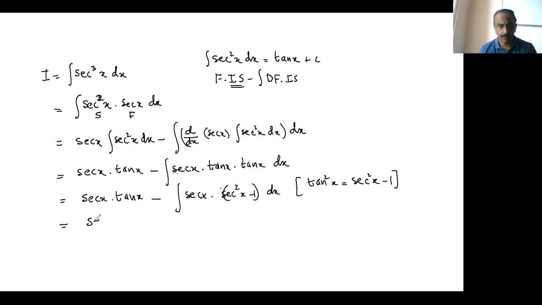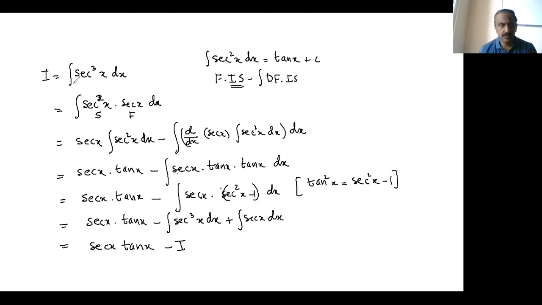So this became sec x into tan x minus integral sec cube x dx. When you open this bracket, minus sec x and minus will become plus integral sec x dx.